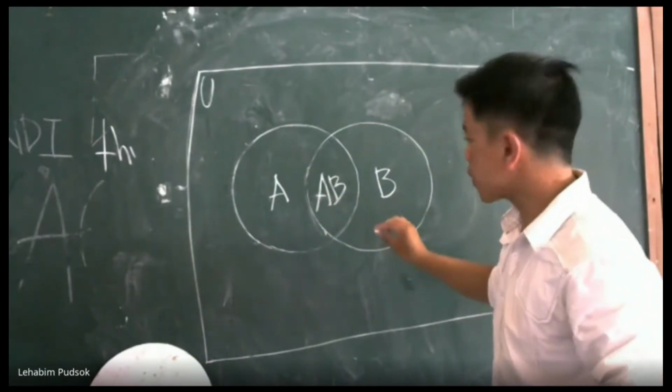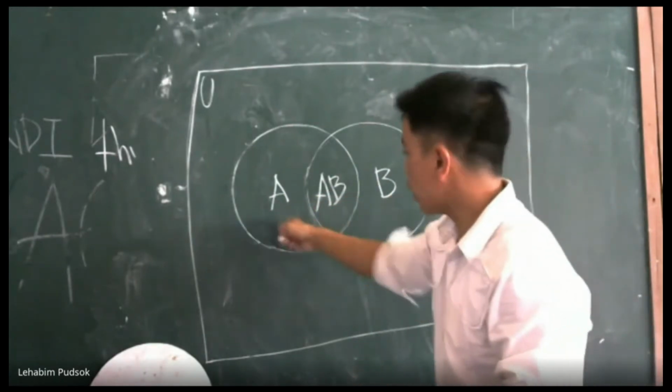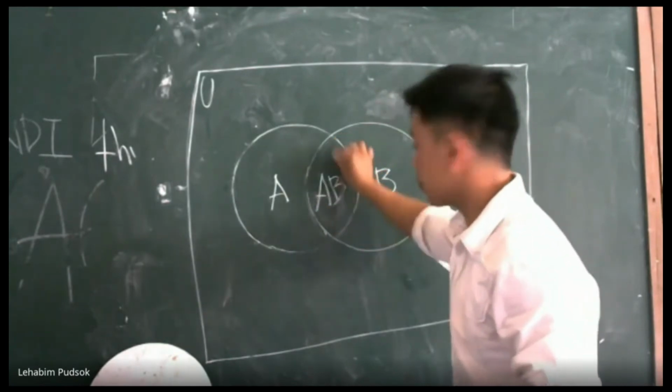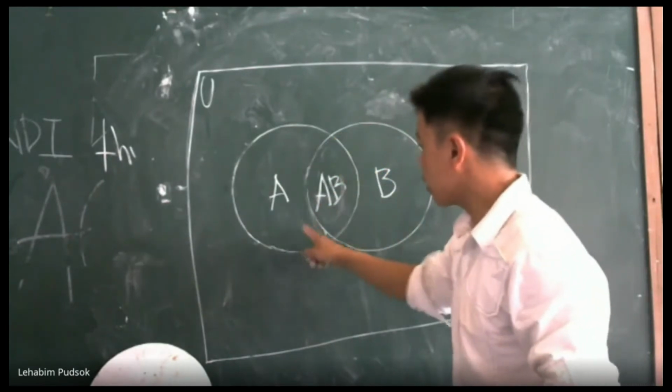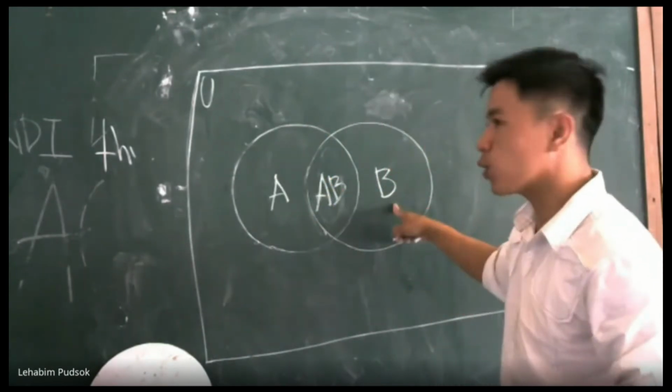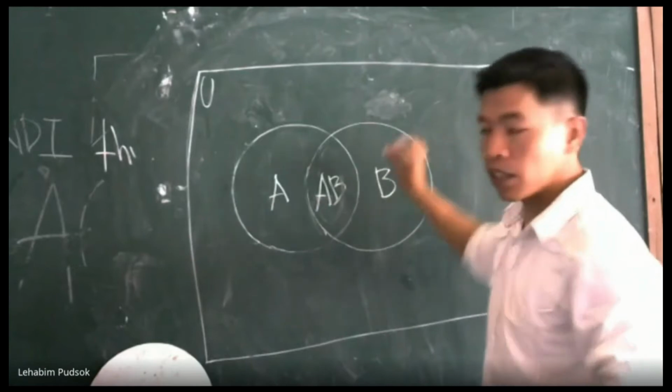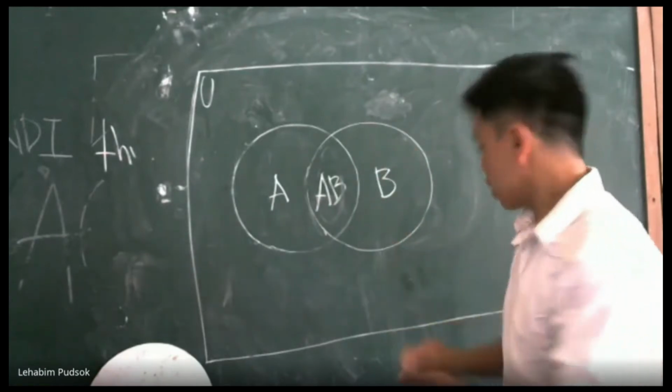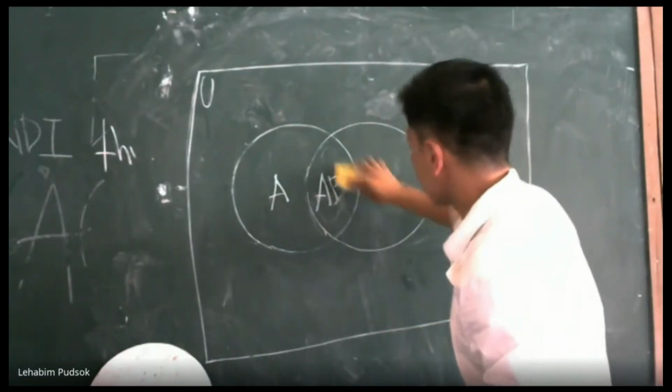The elements of the sets that are the same in A and B, you put here. The elements of A that you cannot find in B, you put here. The elements of B that you cannot find in A, you put here.